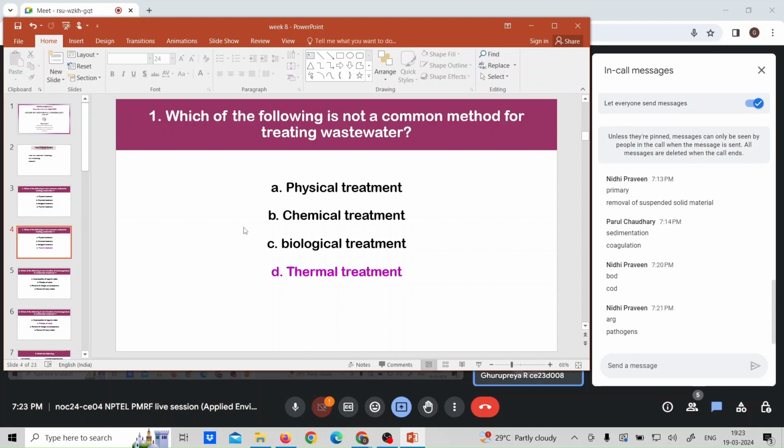And one important thing to note here is the purpose also depends. Drinking water standards may not essentially be the same as the water standards for some other purpose. For example, you're going to use your water for watering crops in the agricultural land.